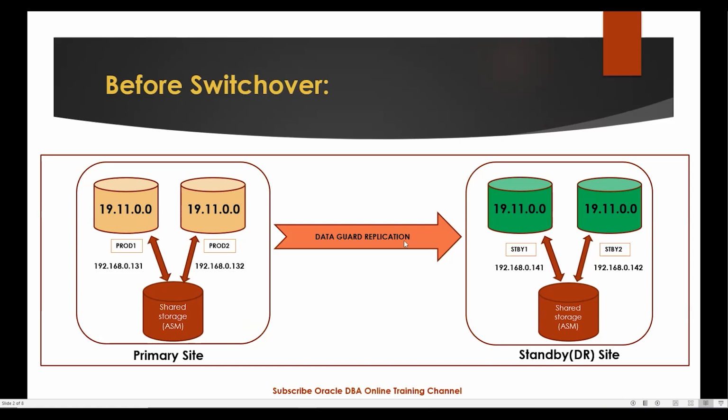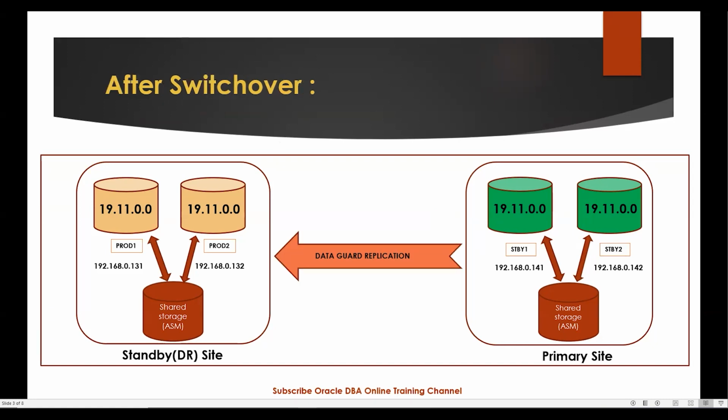We have configured Data Guard replication to the standby site, which has the standby instances stby1 and stby2. This is the situation before performing the switchover. Once we perform the switchover, it will turn something like this: all the replication will start from the new primary site, and the old primary will become my standby site.